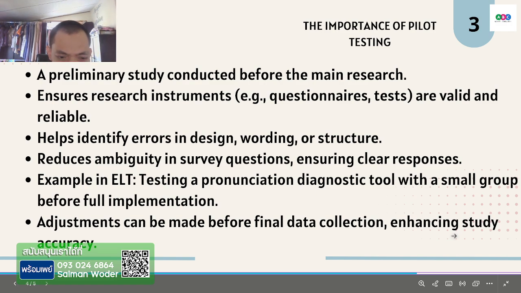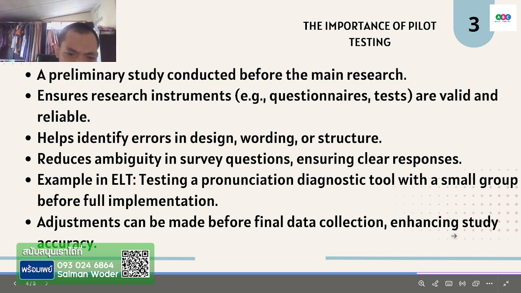It's significant to refine research instruments for clarity and ambiguity, to check access, feasibility, and practicality, and also to estimate time and resources in more detail, for example.